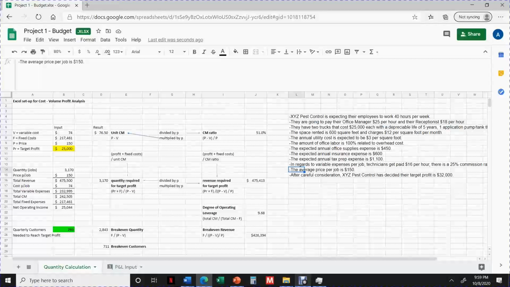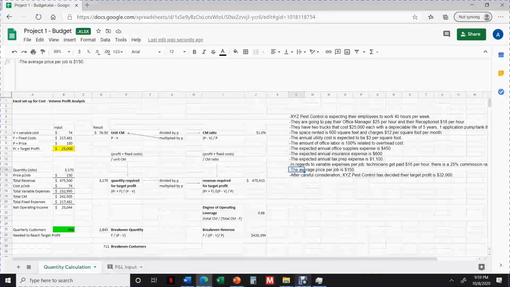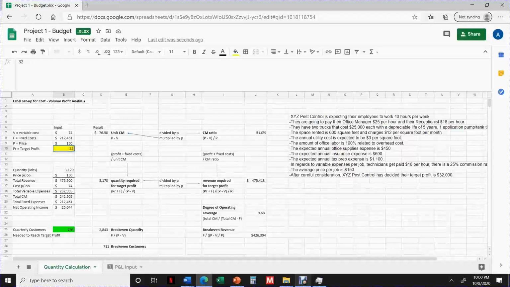After careful consideration, X, Y, and Z's Pest Control has decided their target profit is $32,000. So we don't have to switch the page now. It's right here. So we're going to do that. But before I hit enter, let's take a look at our numbers so far.